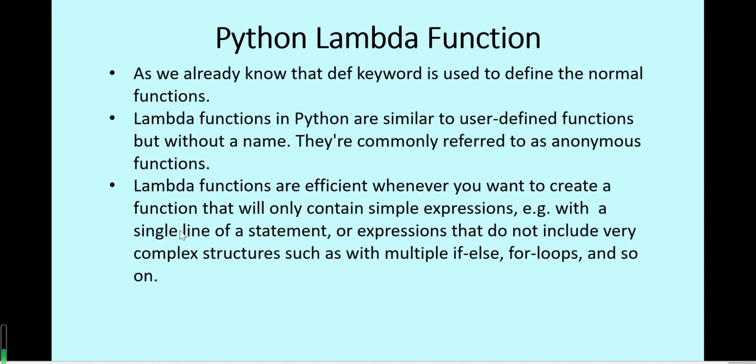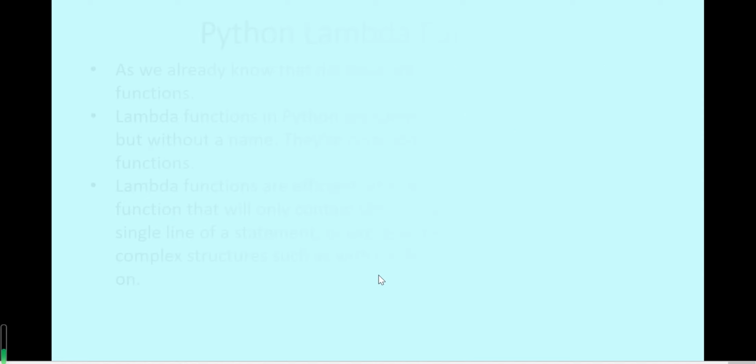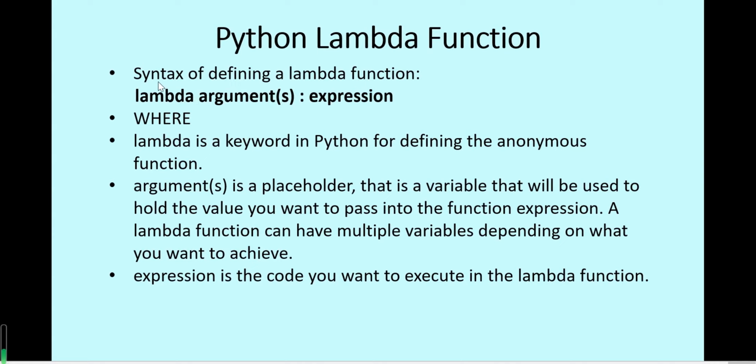For example, with a single line statement, or expressions that do not include very complex structures, such as multiple if-else, for loops, and so on. The syntax of defining a Lambda function is we use the lambda keyword, then arguments, where lambda is a keyword in Python for defining the anonymous function.